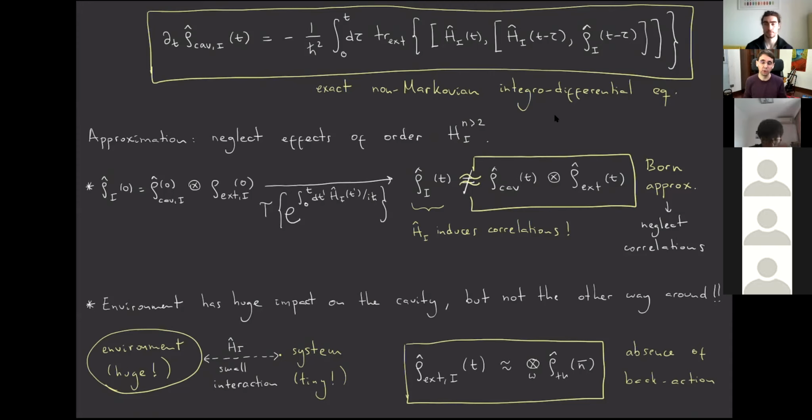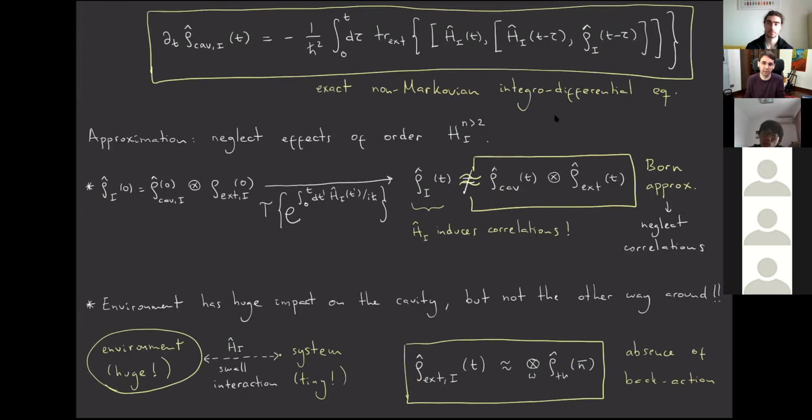And actually, you can try to do a theory. This is what I have, for example, in one of my papers. You can do a theory in which you do this approximation, but not this approximation. So you still keep the effect of the system onto the environment. And this is important when you are trying to trace out a system interacting with another system, when the two systems are kind of the same size.